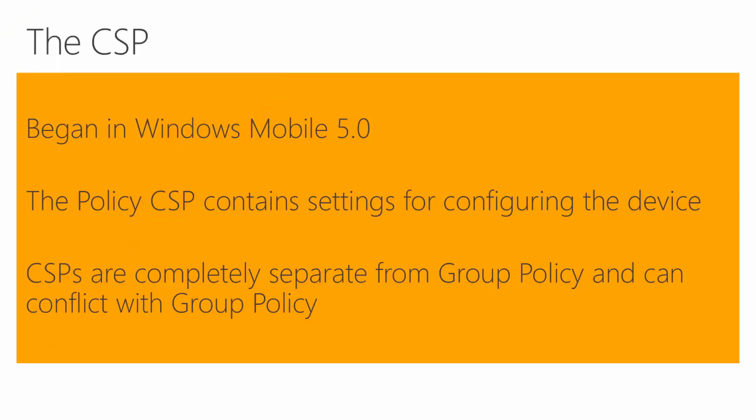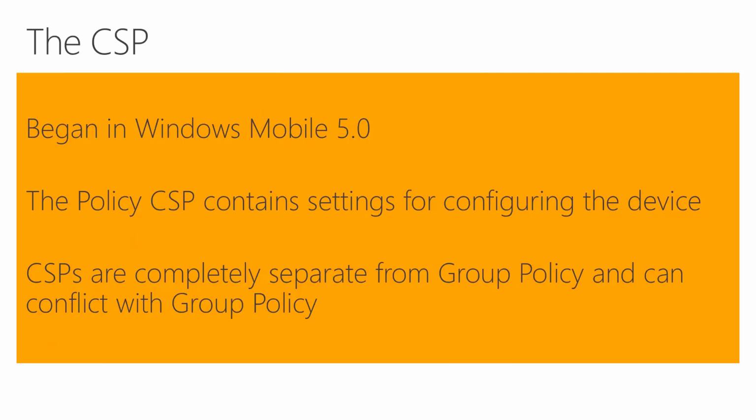So let's start with some terminology. The first term is the Configuration Service Provider, or the CSP. This began in Windows Mobile 5, and it's basically a way of applying settings to the device. The CSP takes the settings and, being separate from group policy, it will apply settings to the device.